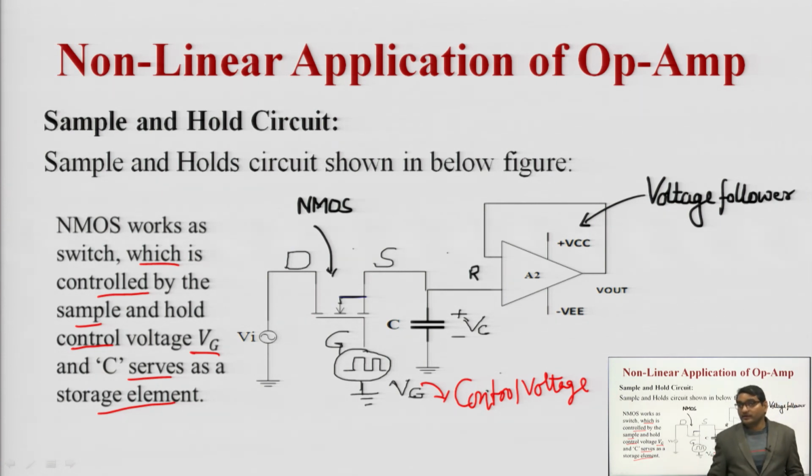The command input is generally a square wave which gives logic 1 or logic 0, because we know that the NMOS acts as a switch. Sometimes its behavior is on, or sometimes it is off, and we know that the NMOS is on for logic 1 and off for logic 0.